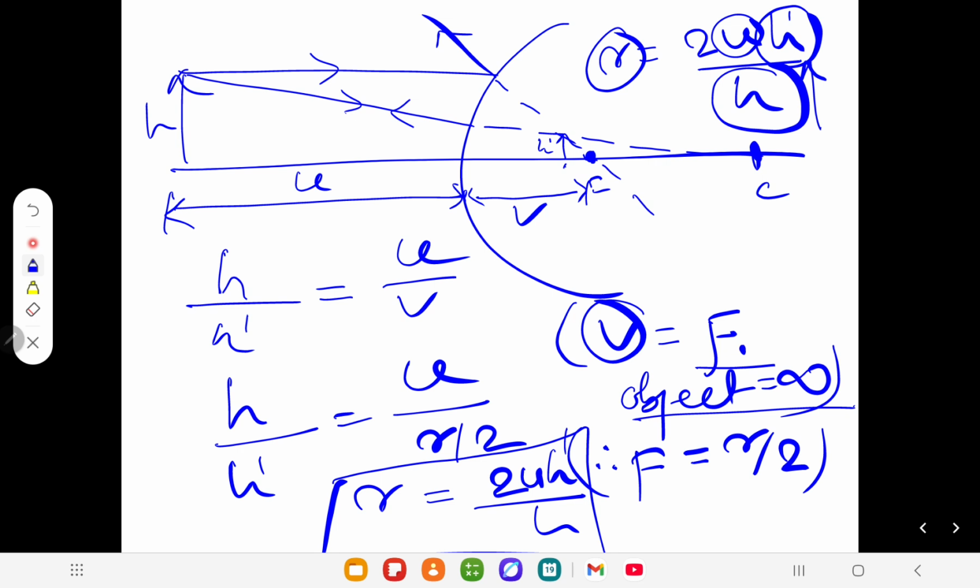So the only thing that is important and that we have to investigate is h dash, that means the image height. This is the formula you must know, and this is the way you draw the diagram, plot the scenario, and derive the formula. Okay, this is the final formula.